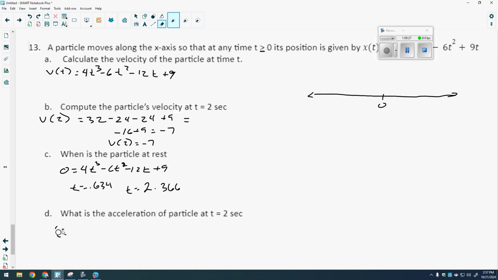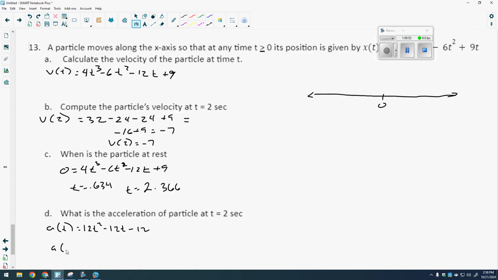And ignore my answer key; somehow my velocity derivative was not right, so let's do the derivative based upon the work I'm doing right now. So there's my derivative of velocity, which gives me my acceleration.